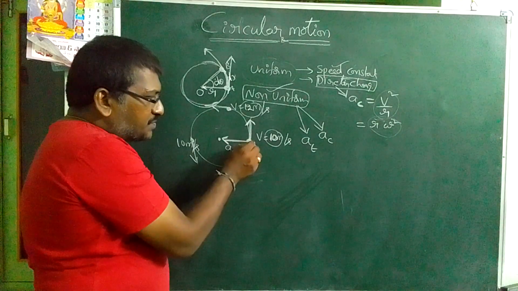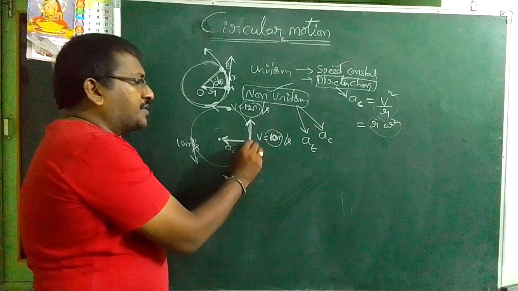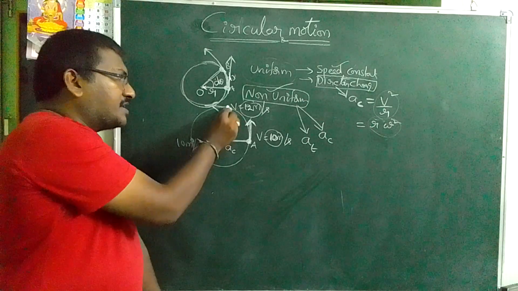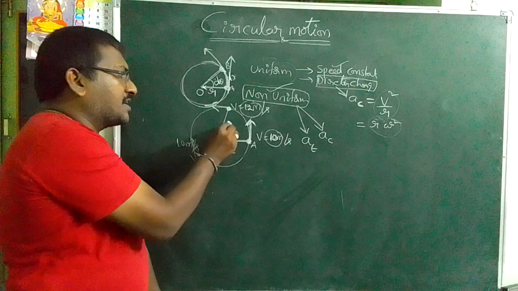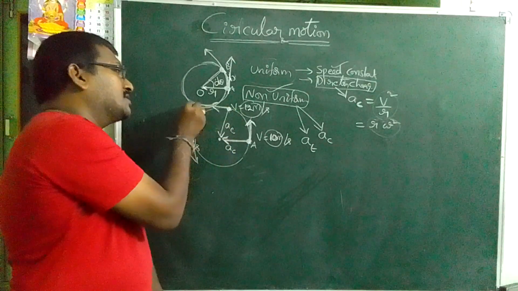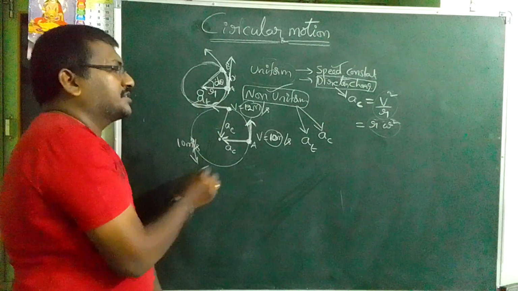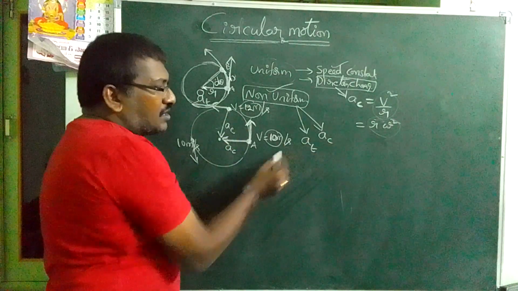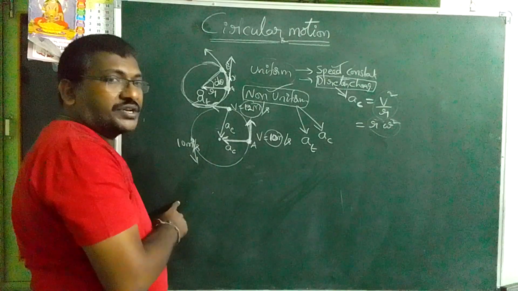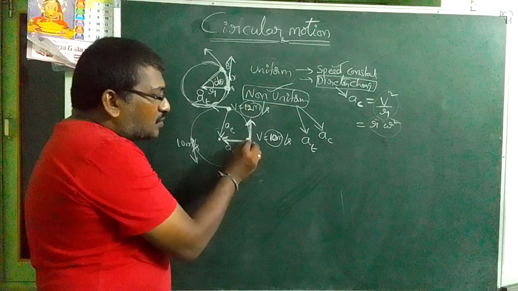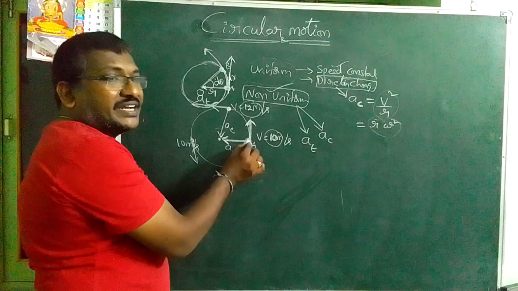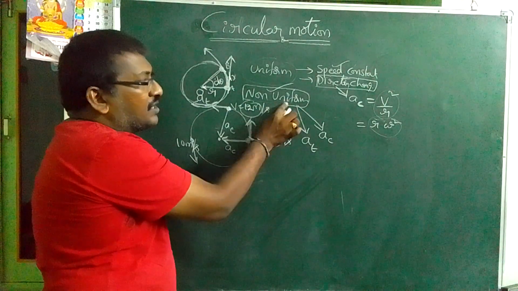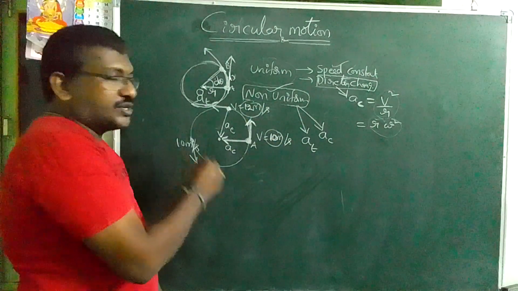For example, at this point, centripetal and tangential acceleration. At this point, centripetal is always acting towards the center, and this is the tangential acceleration. That means these two are always perpendicular to each other. That's why, what is the total or net acceleration of the particle in non-uniform circular motion?